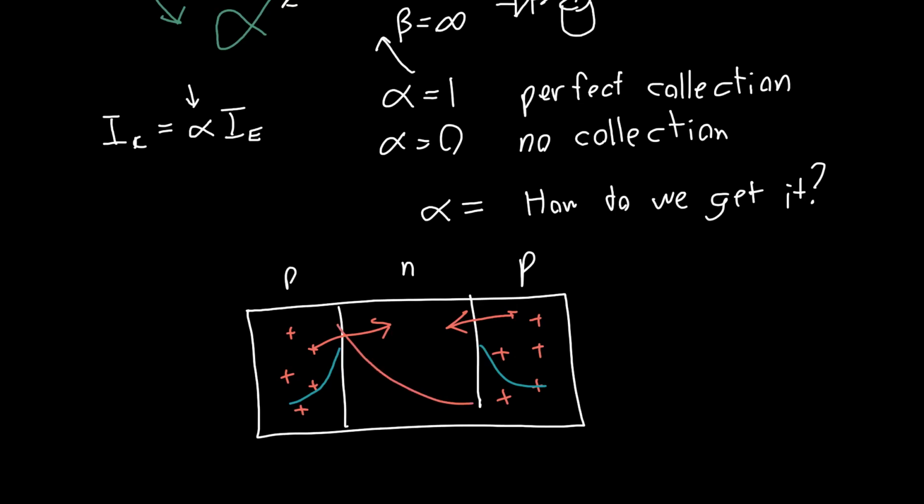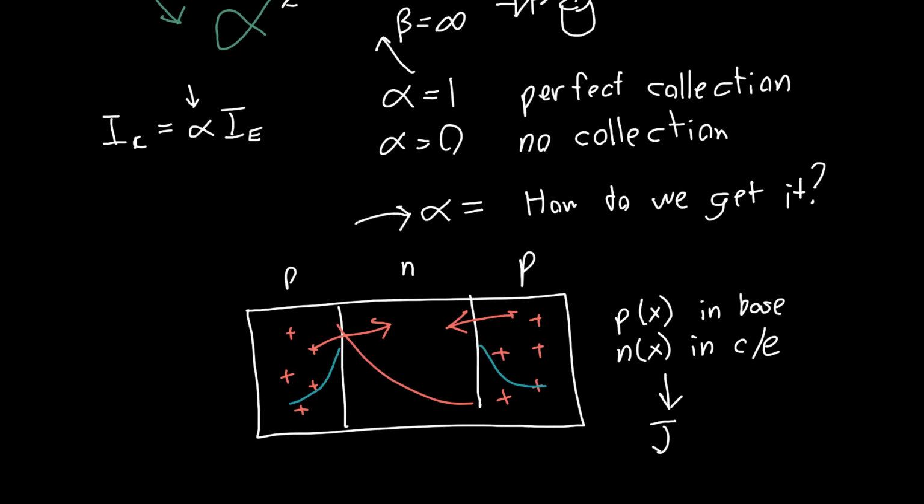So if we can figure out the minority carrier distribution specifically, so p(x), for example, in the base, and n(x) in the collector and emitter, for a PNP transistor, then this will give us all of the currents or current densities, and we'll be able to figure out alpha. So that's ultimately what we're going to be building up to in the next few videos, as well as covering modes of operation and how not to destroy your BJT.